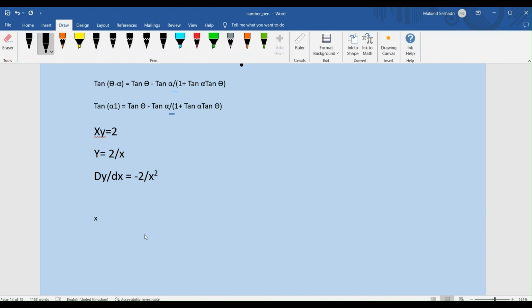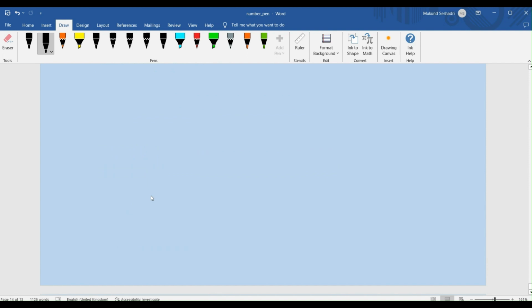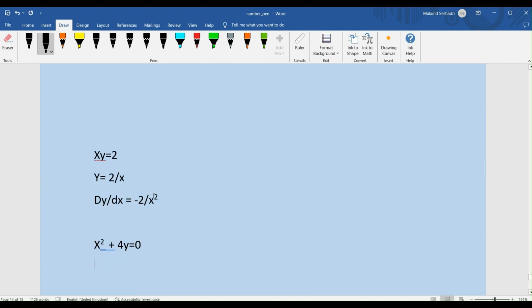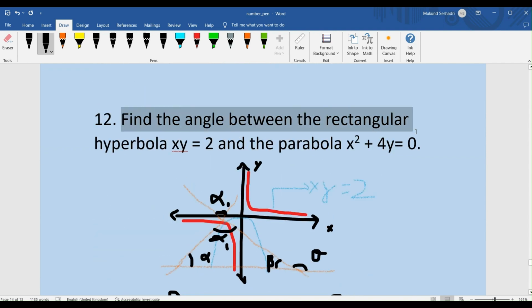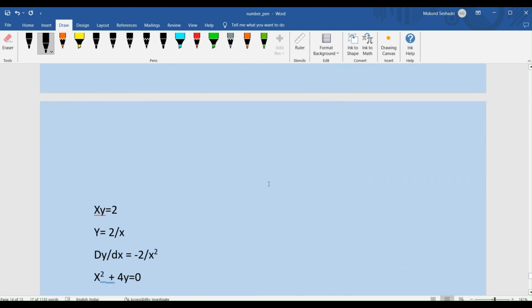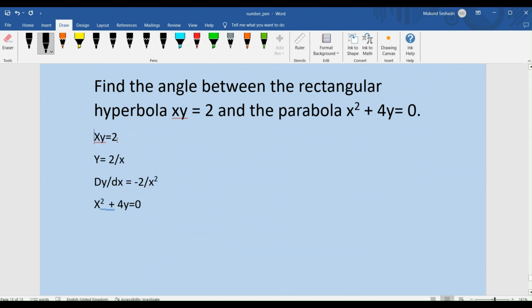And I'm going to write the second equation, x square plus 4y equals 0. Let me copy this to the next page. Let me copy the question as well so that we keep it in view as we solve this problem across pages.